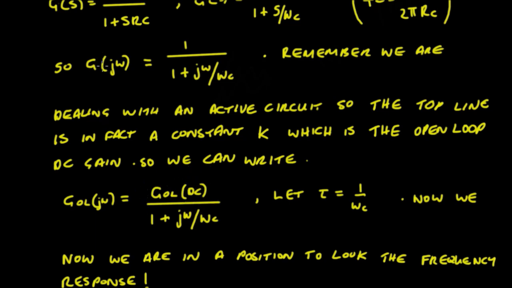So we can say the open loop gain is equal to the DC open loop gain upon 1 plus j omega upon omega c. Another thing we'll do is call 1 upon omega c tau, so tau equals 1 upon omega c, just to make the algebra a bit simpler.